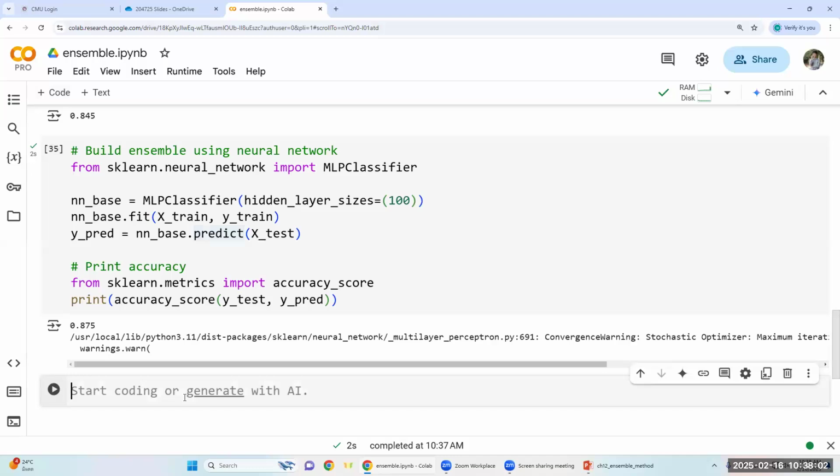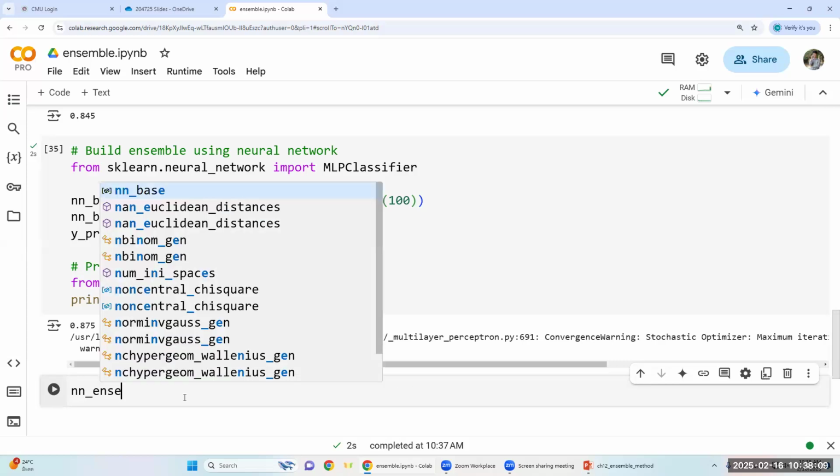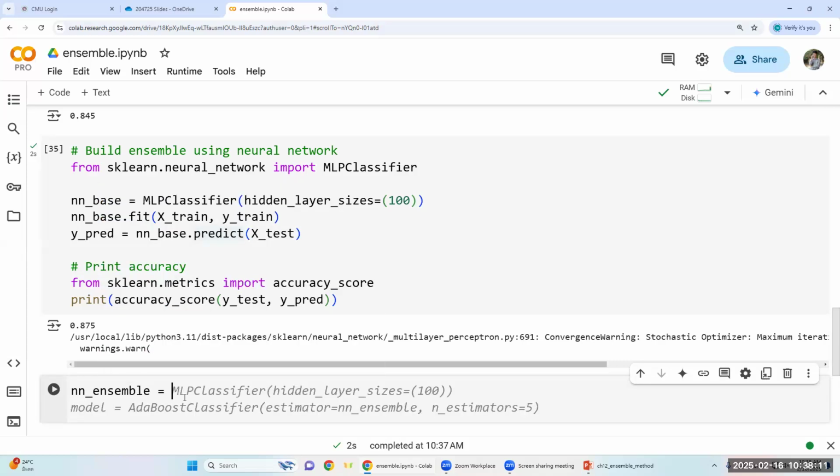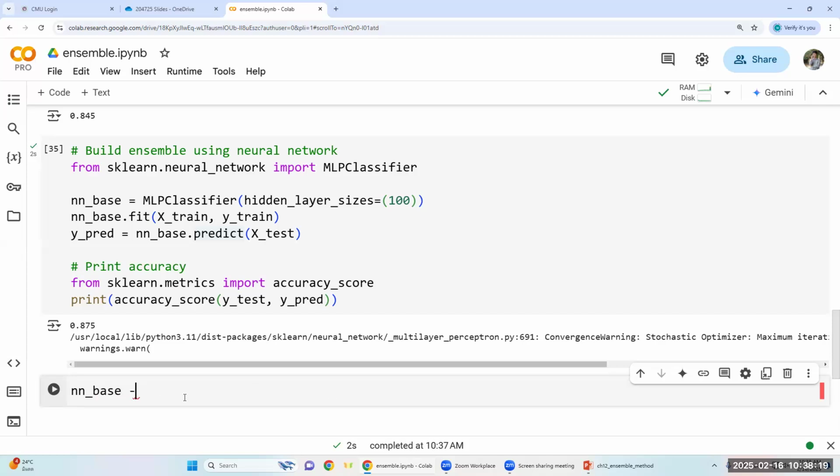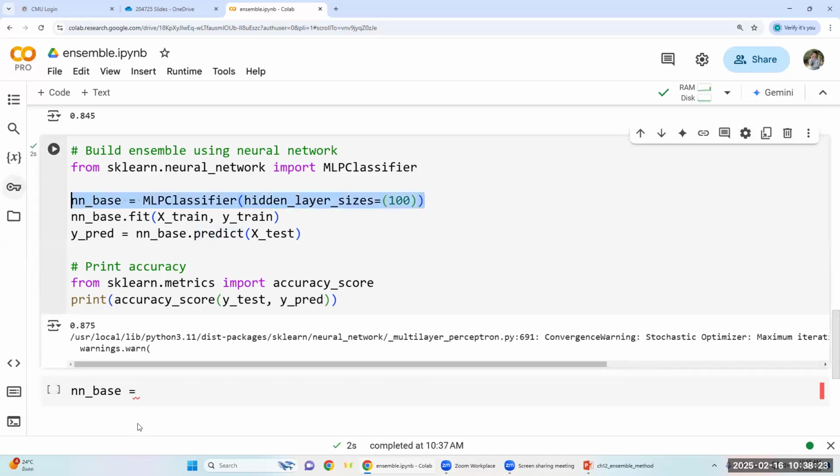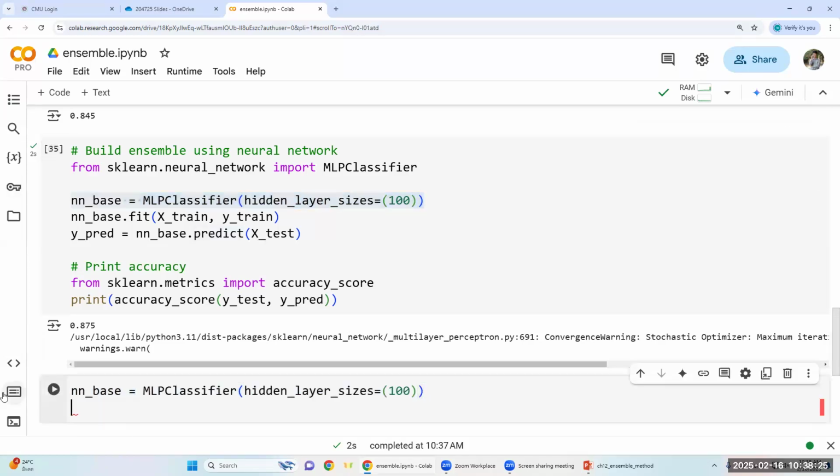And then we build the ensemble, right? So we have the NN ensemble. Here let's try to create the base again. So base equals this one. We use the same base, right? And then we have the model equal to AdaBoost.